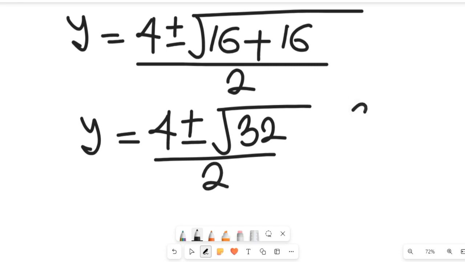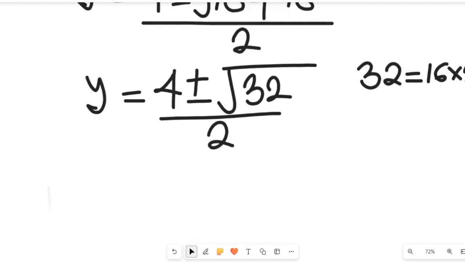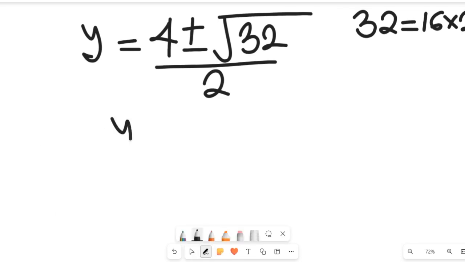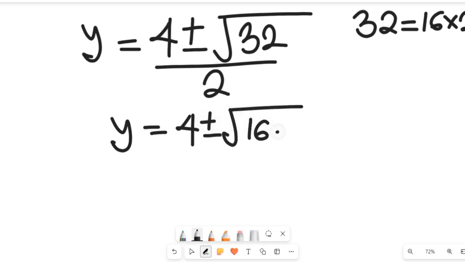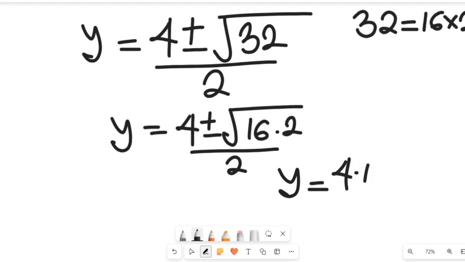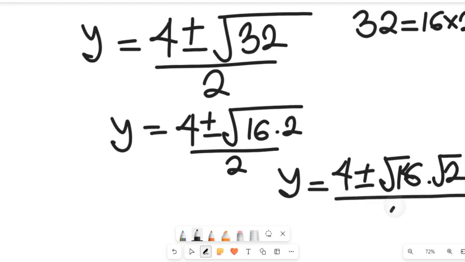And remember, 32 can be equal to 16 times 2. So that expression will give us y equal to 4 plus or minus the square root of 16 multiplied by 2, divided by 2. So our y will be equal to 4 plus or minus the square root of 16 multiplied by the square root of 2, and this will be divided by 2.